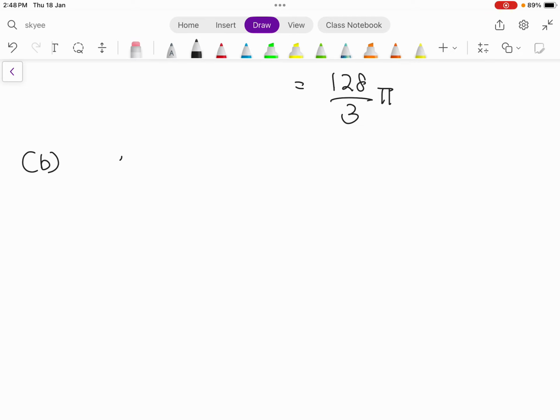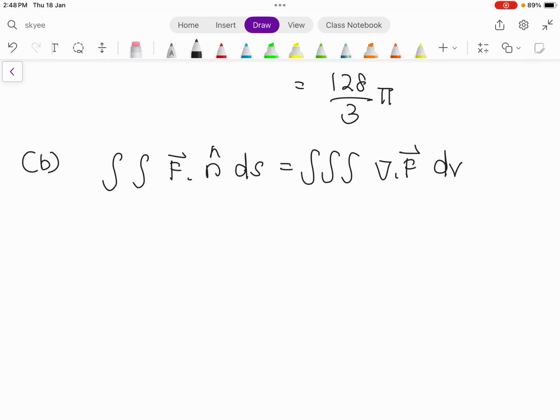Gauss theorem is telling us that the surface integral of the vector field will be equivalent to the volume integral of the divergence of F dV.